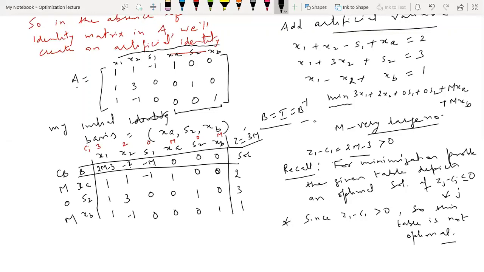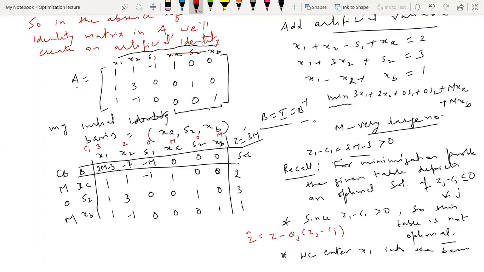So what we have to do is enter the variable corresponding to Z1 minus C1, the first variable x1, into the basis. You can see from the same formula for the minimization case that z hat is z minus theta j into zj minus cj.